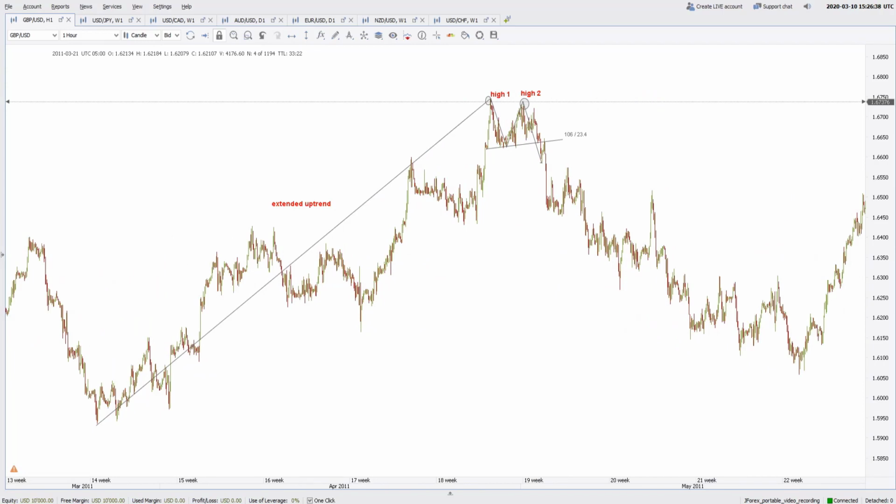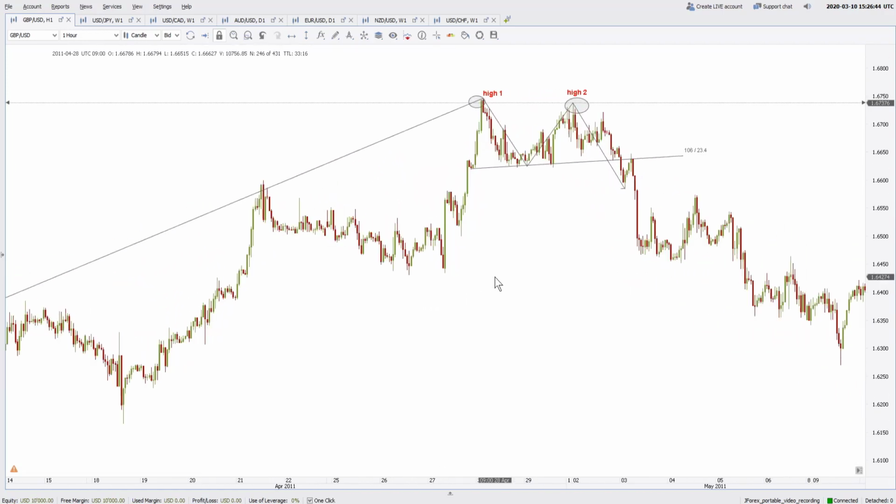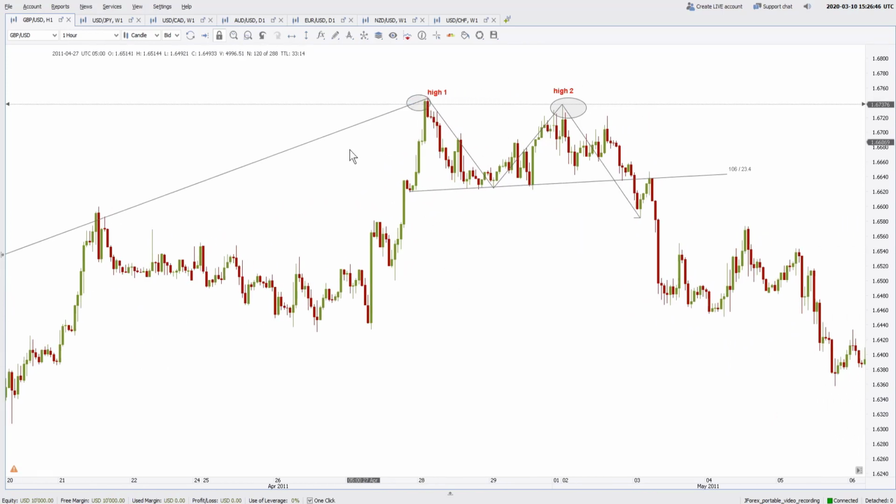The second point: one is there should be a presence of an extended uptrend, which we have already seen. Then there should be a high. Now this is the first high that we are looking at. I need to make sure that it is visible, maybe my cursor is not visible, but yes, you can see.